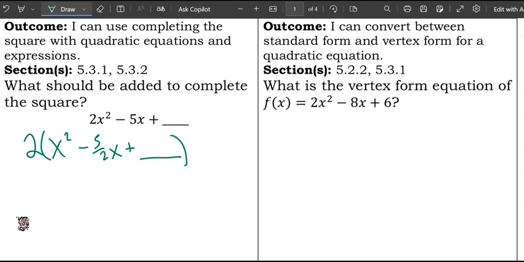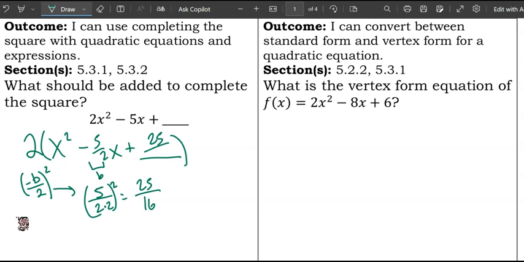To get this something, we're going to square our negative b over 2. So if this is b, then we're going to input 5 over 2 times 2 squared, which is 25 over 16.